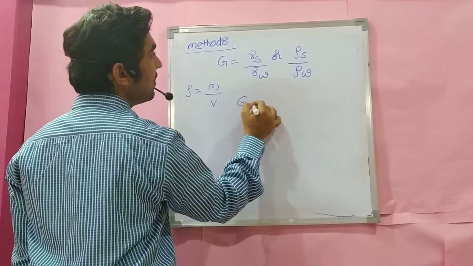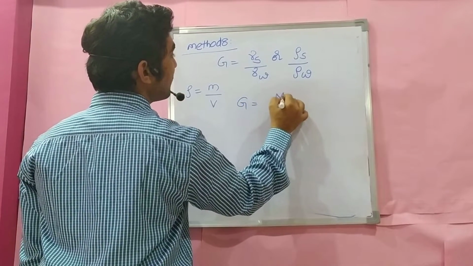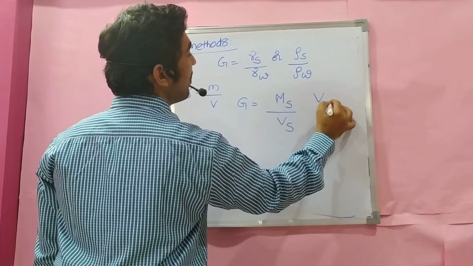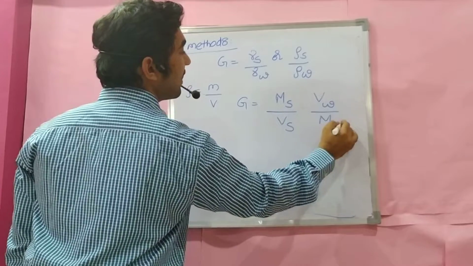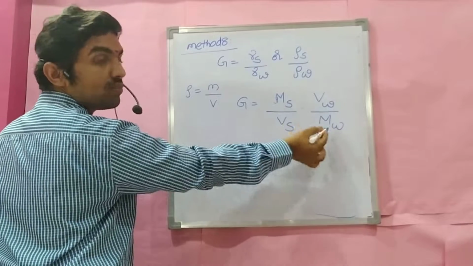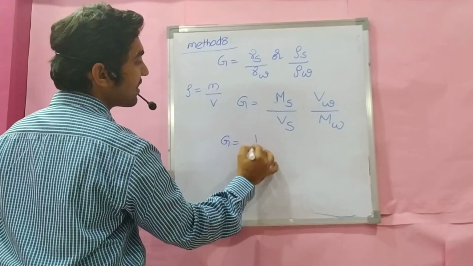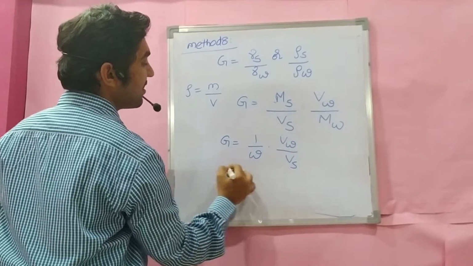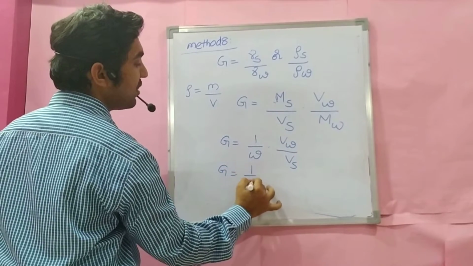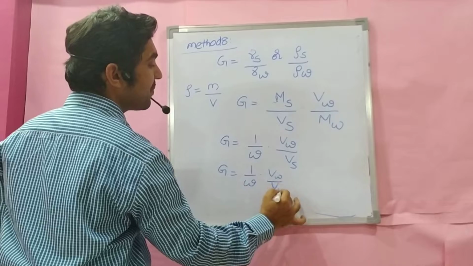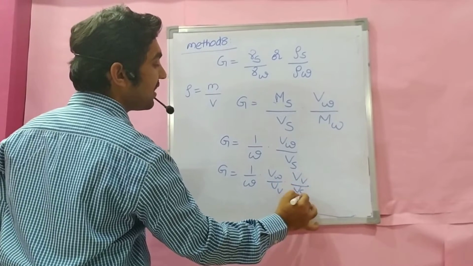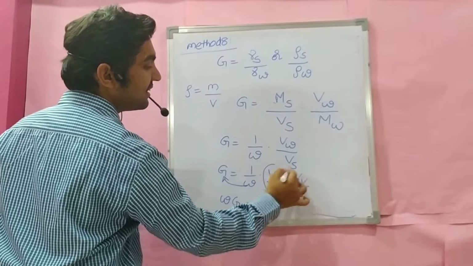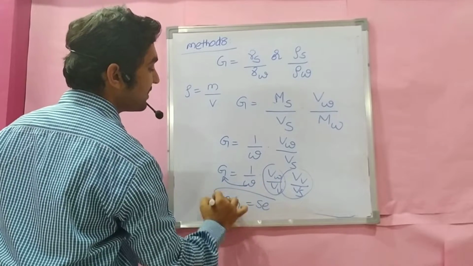Rho s means mass of soil solids by volume of solids, into volume of water by mass of water. Mass of solids to mass of water is the reciprocal of water content, and then Vw by Vs again. So G is 1 by w into Vw by Vv into Vv by Vs. We can write it like this: wG is equal to Se, where this is S and this is e.